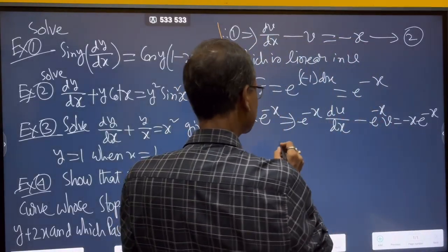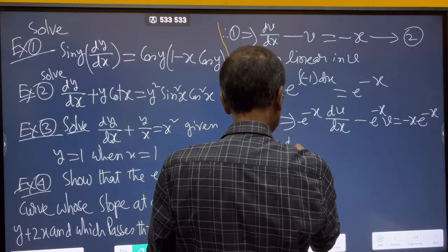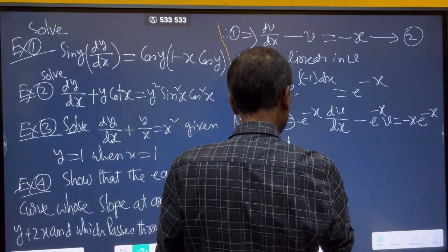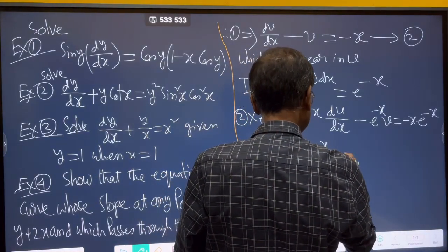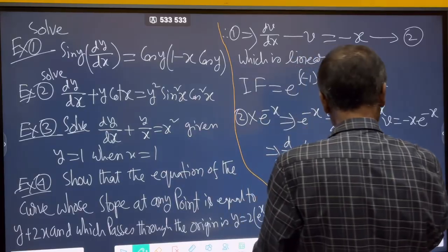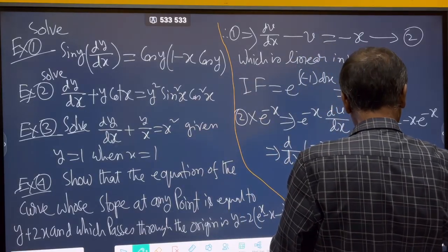This means d by dx of e to the power minus x into v equals minus x e to the power minus x.